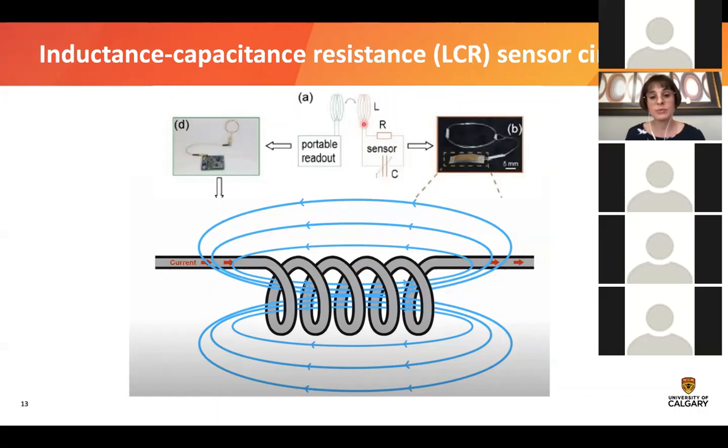Here, this would be the wire, and then we have the current that goes through, and when we stretch it, we change the frequency. Then we have a wireless readout from which we can transfer the signal with Bluetooth to our smartphone, and we can immediately see the stretch on the tendon in the sheep while walking, but later on, possibly also in humans, when we let them run and walk, we would be able to see it without any wires.